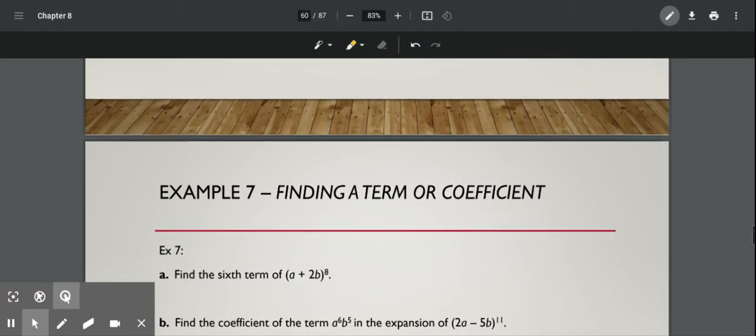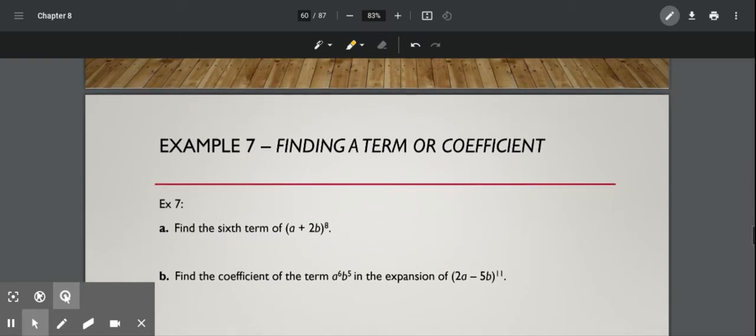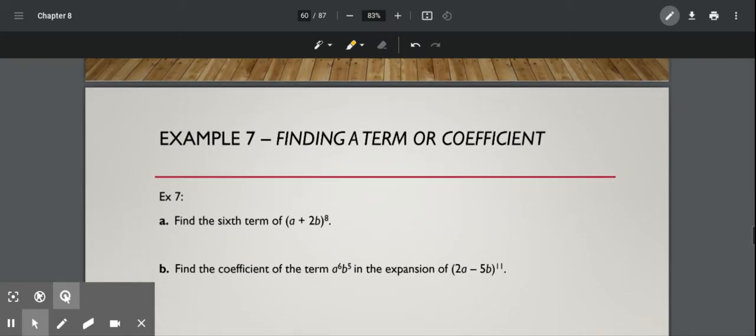So looking at example 7, we want to find the sixth term of a plus 2b to the 8th. Remember, we're going to use the formula that nCr times x to the n minus r and y to the r. So if we want to find the sixth term, our r value is going to be 5. It's always 1 less than the term.